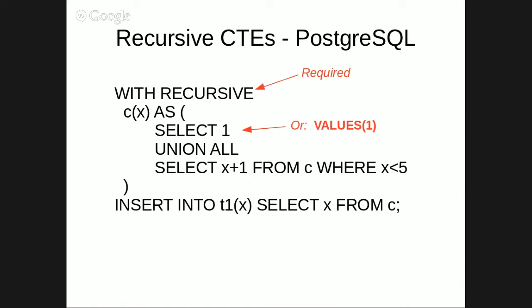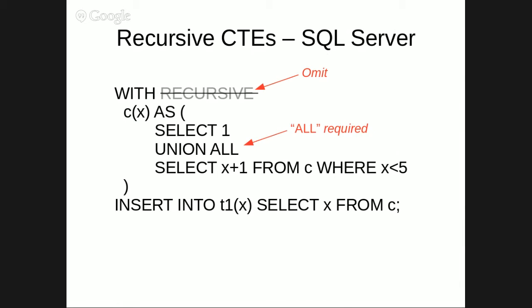But I've never tested how that affects Oracle and so forth. Whatever, you have to say RECURSIVE if you want it to be a recursive common table expression. You also, in Postgres, are allowed, instead of just saying SELECT 1, to say VALUES 1. Those are equivalent. You cannot say VALUES 1 in Oracle. You have to say SELECT 1 FROM DUAL.